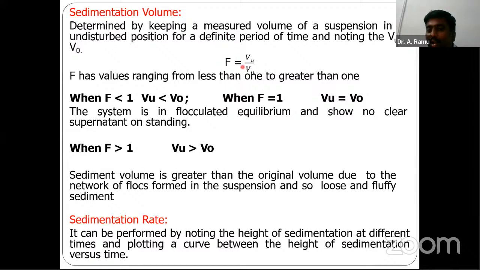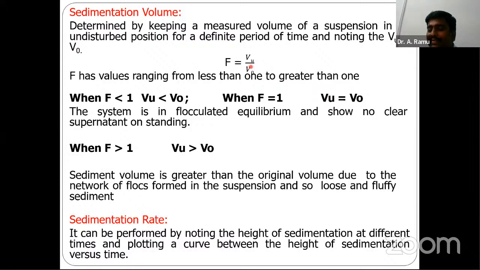The sedimentation volume is represented by the symbol F. It is defined as the ratio of the volume of sediment to the volume of the suspension. How to determine the sedimentation volume? It can be determined by placing a known volume of the suspension in a graduated transparent measuring cylinder.